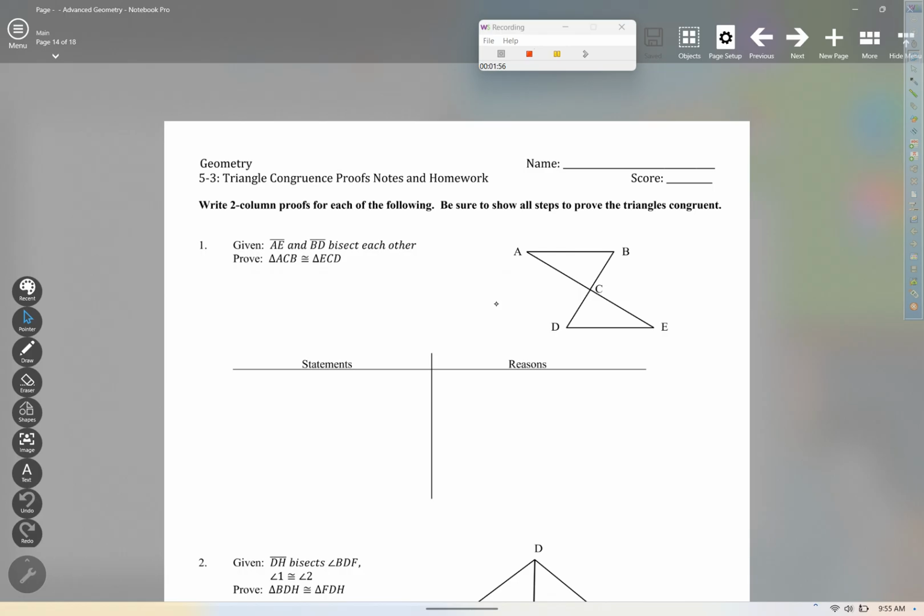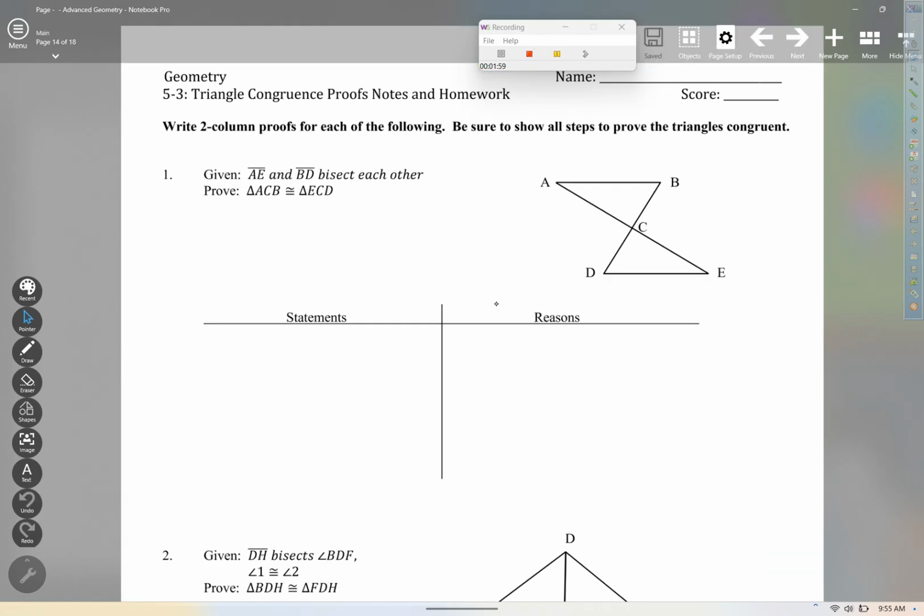So let's go ahead and jump over here to our notes. Whatever's in the given, that's where you'll start. So it told me in the given that AE and BD bisect each other. That's given.